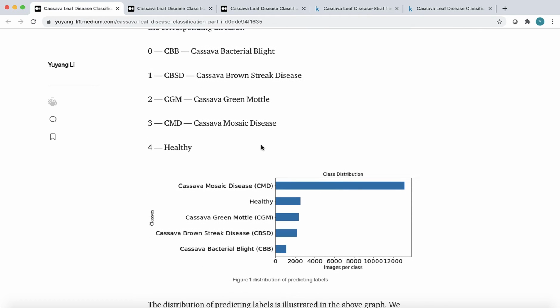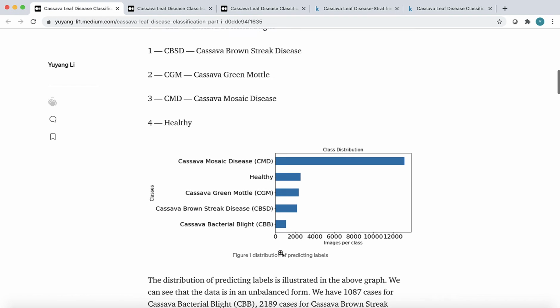In this class distribution plot, we can see class 3, cassava mosaic disease, has a much larger proportion than the other 4 classes. This reveals our data is imbalanced, so we may need to consider the stratified data splitting method.